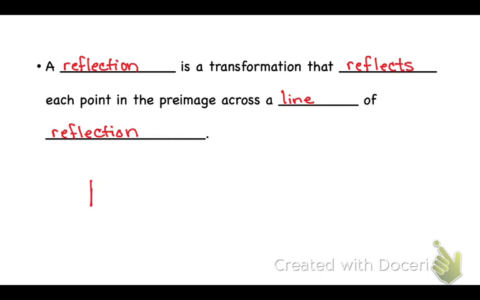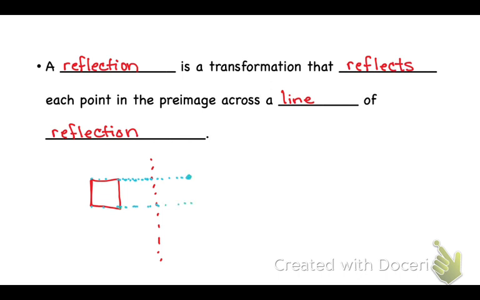So if I have an object here and I want to reflect it across this vertical line, each point is a distance from that line. So whatever this distance is, I have to do it again and put a new point.